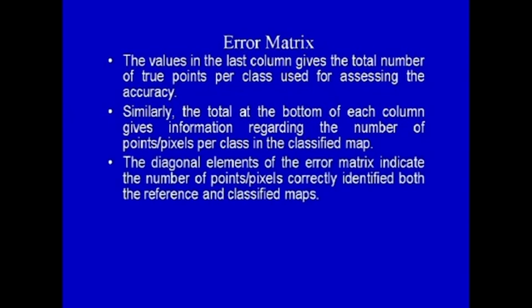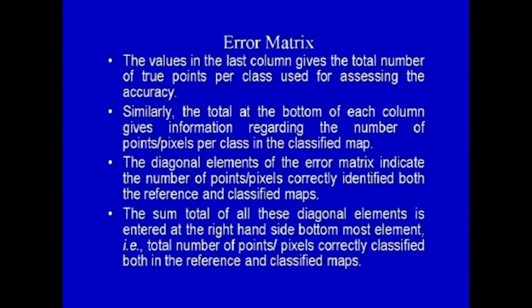The diagonal elements of the error matrix indicate the number of points or pixels correctly identified on both the reference and classified maps. The sum total of all these diagonal elements is entered at the right hand bottom element, the total, that is the total number of pixels correctly classified in both the reference and classified maps.